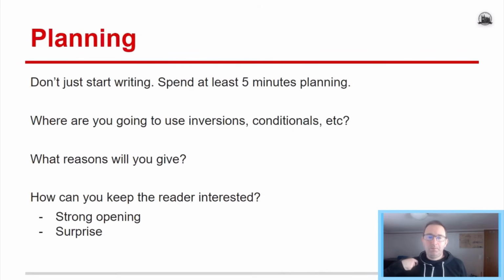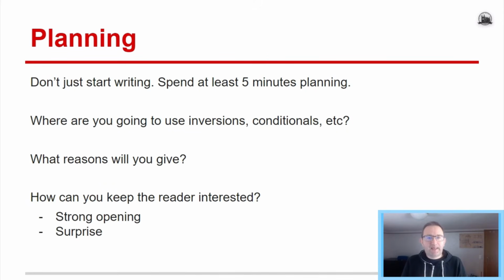Okay. Planning. My students hate planning. They don't want to do it. And the first thing I do when I sit down to do an essay is I plan it. If you just start typing, I don't think it can be good. You have to plan it, especially as a non-native speaker.